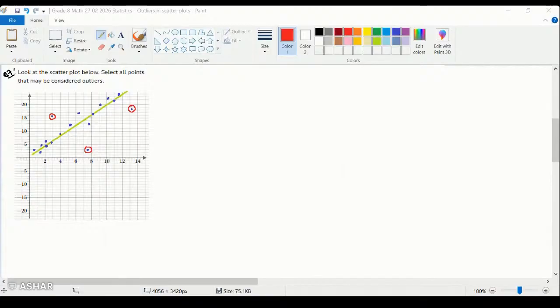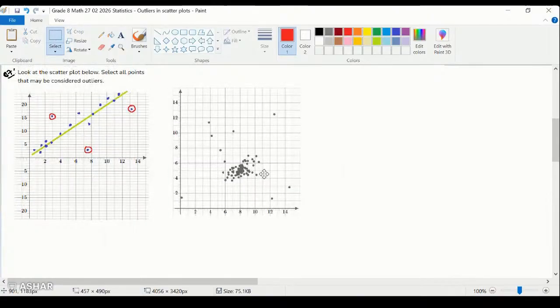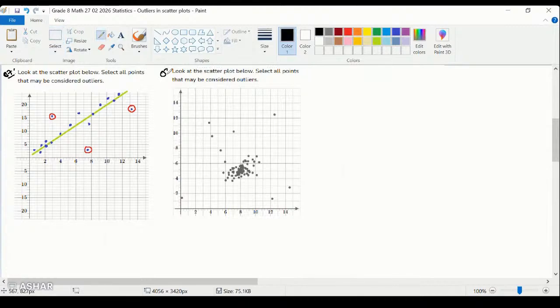They are telling us, identify all the points which may be considered as outliers. Question number 8. So can we say that the points are concentrated over here, right?